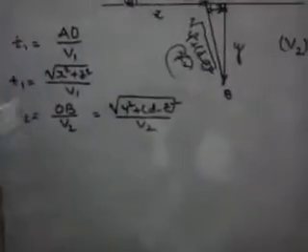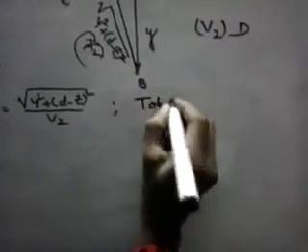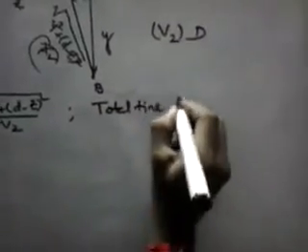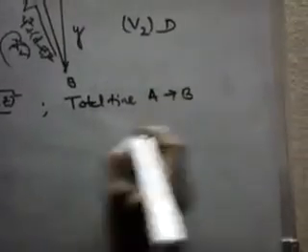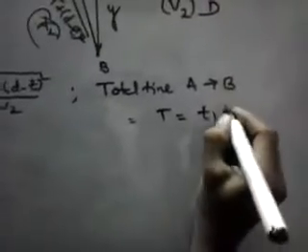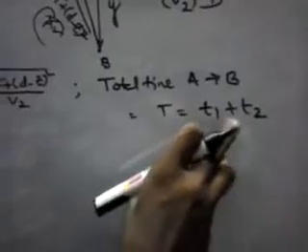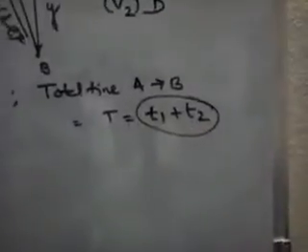Now you all know that we have to minimize the value of T1 plus T2, because the total time from A to B is T equals T1 plus T2. We have to calculate the total time, and this value should be minimized.